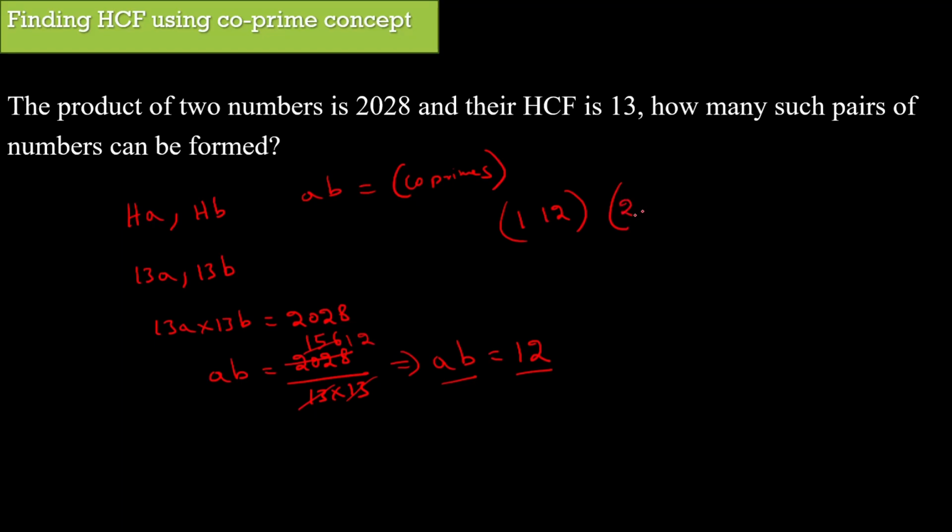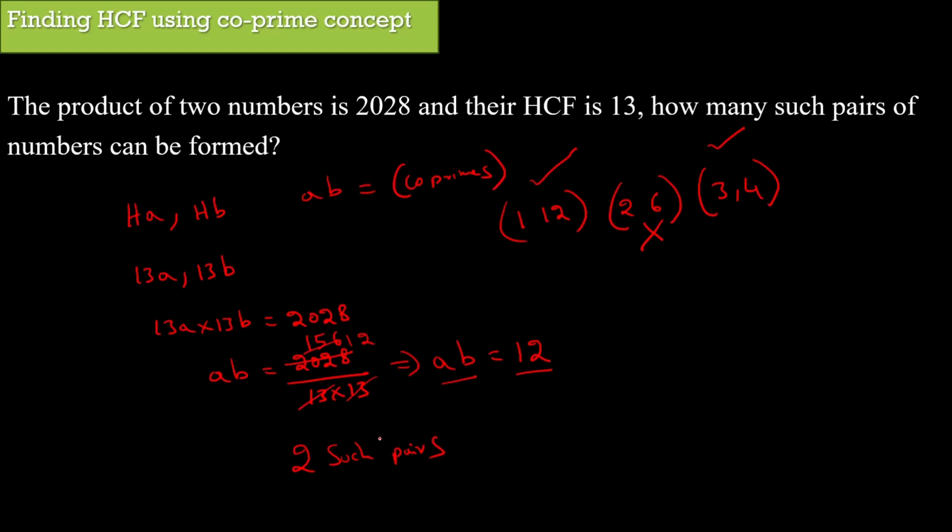I cannot take 2 and 6 because their HCF is not 1. This does not work out. Can I take 3 and 4? Yes, I can take 3 and 4. So here, how many such pairs can be formed? 1 and 2. So what is the answer? 2 such pairs can be formed.